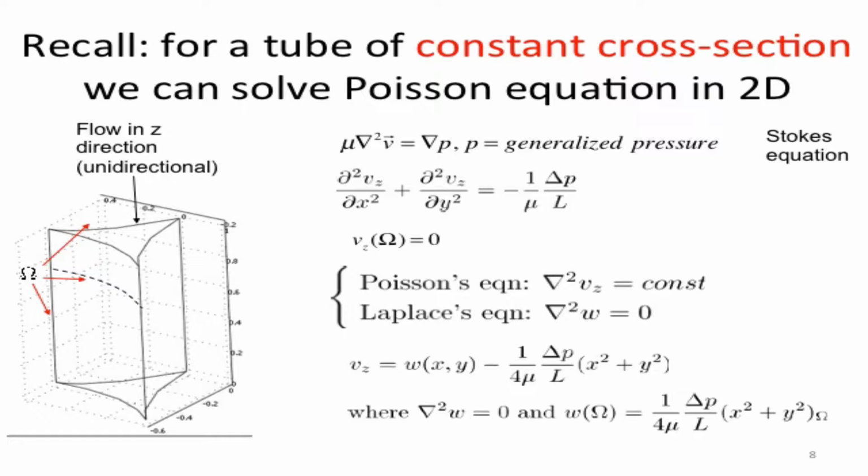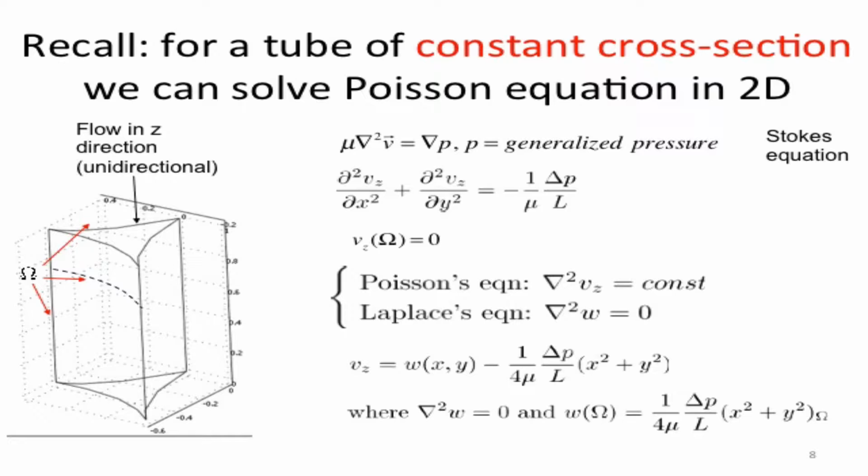So my Stokes equation comes down to mu Laplacian of V equals gradient of P, where P I can just take as a generalized pressure. In this cross section I will not have Vx and Vy; those are zero. I only have a Vz, so Laplacian of vector V is a vector with 0, 0, and then the Laplacian of the z component, because we go component-wise.